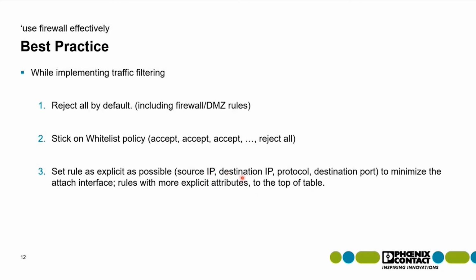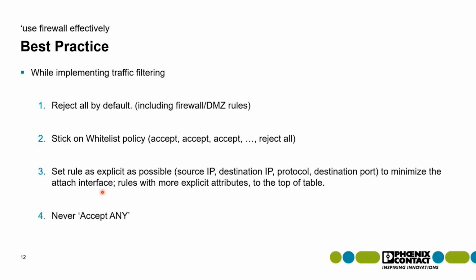That's the same for the destination IP address. So if you can put a specific destination IP address, you shouldn't put a subnet address here. By this way, you can minimize the attack surface, and the firewall rules with more explicit traffic attributes should go to the top of the table so that you avoid the shadowed problem.